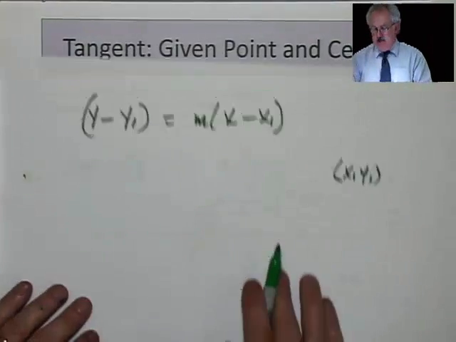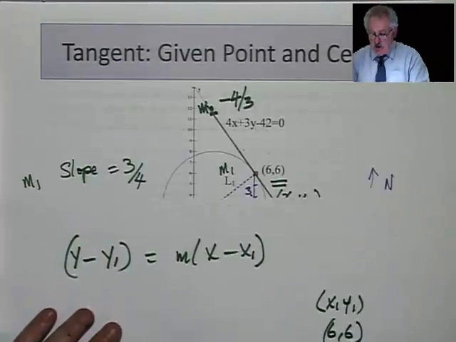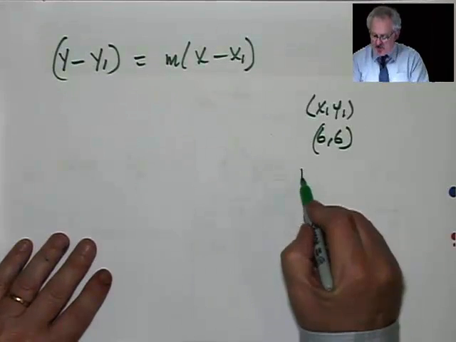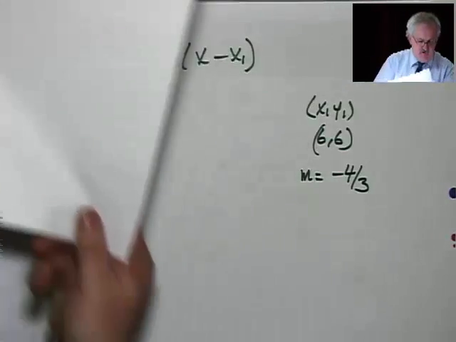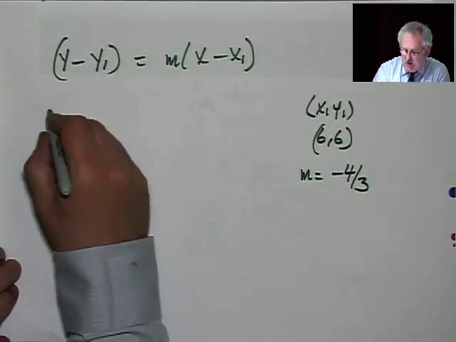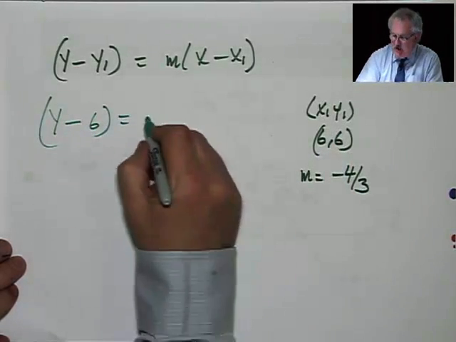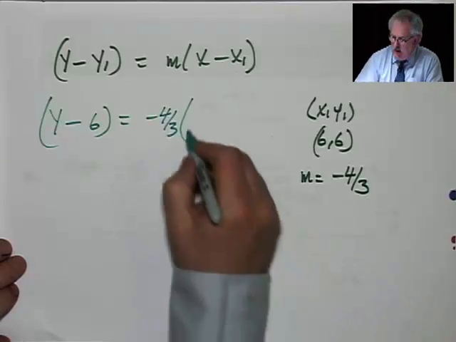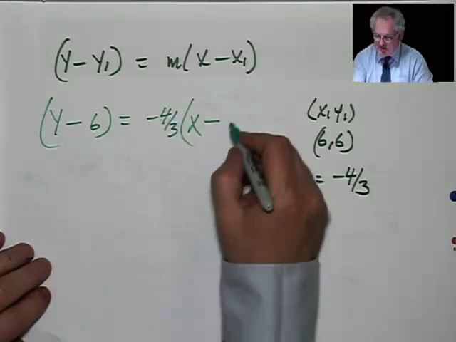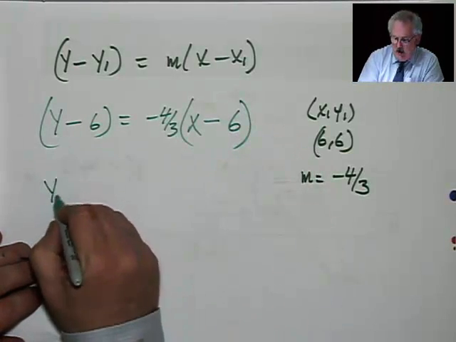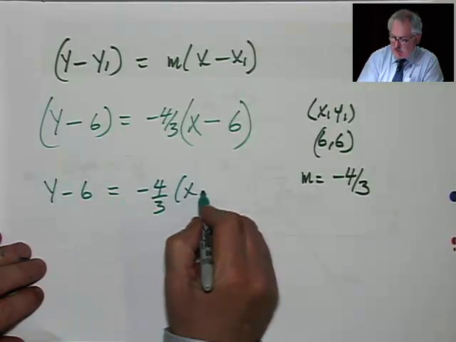We know that 6, 6 is on it. x and y are variables, but also we know that M2 is minus 4 over 3. We say y minus y1, that's 6, is minus 4 over 3, x minus, now x1, we're careful, that's a 6 as well. So y minus 6 is equal to minus 4 over 3, x minus 6.